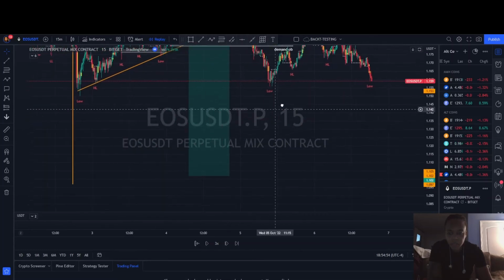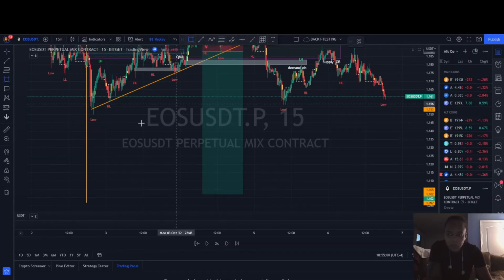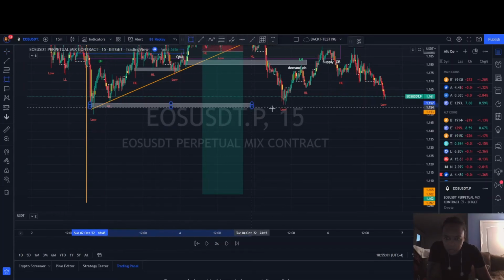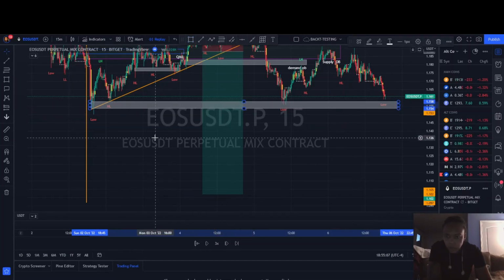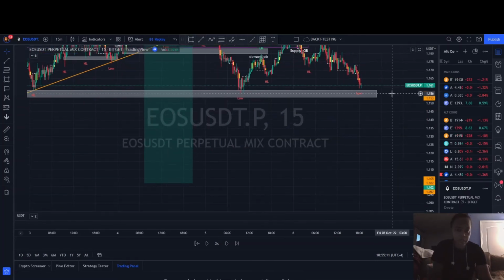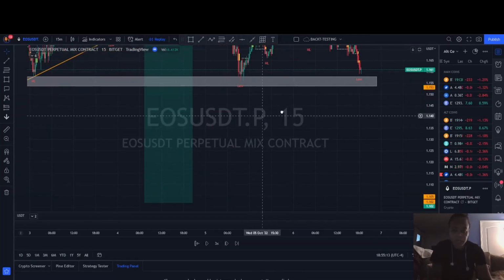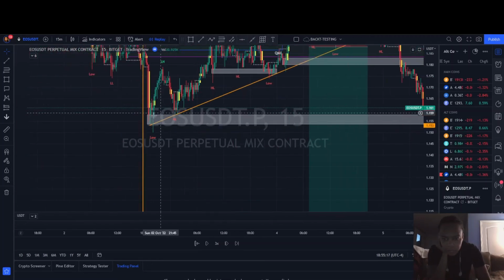So first thoughts, though, it stopped, and this is something I need to work on too. I need to work on drawing supply areas, areas where price has come in, the support and resistance flipped areas, basically, right? Areas where price has been rejected off of multiple times.